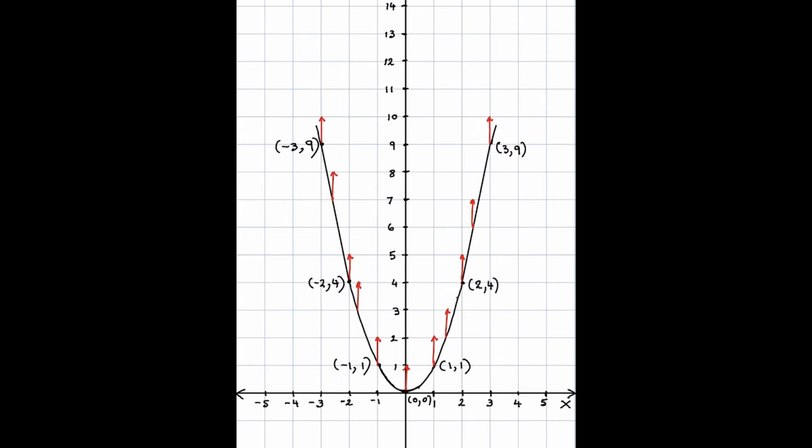Here are a few of the image points. 0, 0 becomes 0, 1. 1, 1 becomes 1, 2. 2, 4 becomes 2, 5. 3, 9 becomes 3, 10, and so on.